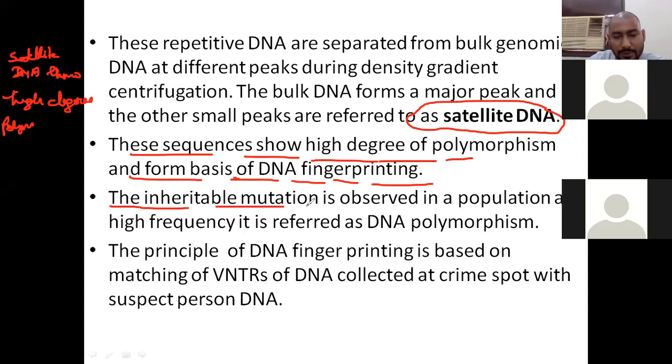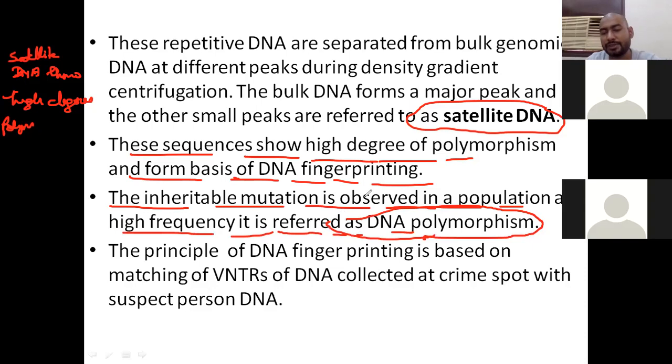An inheritable mutation observed in a population at high frequency is referred to as DNA polymorphism. What is DNA polymorphism? An inheritable mutation observed in a population with high frequency.